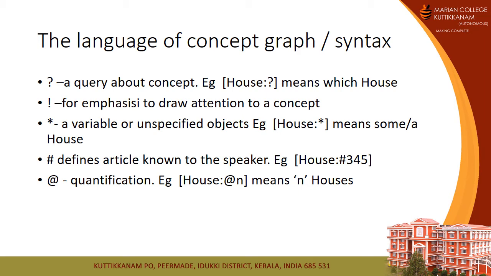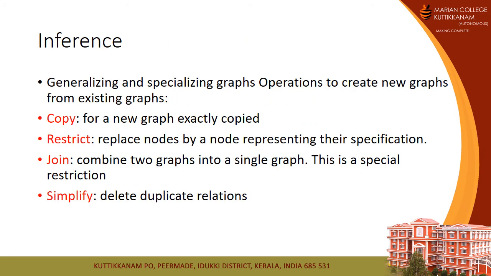For example, house pound 345 means a specific house, house number 345. The at sign relates to quantification. So house at n means n houses. So these are the basic syntax for a conceptual graph.